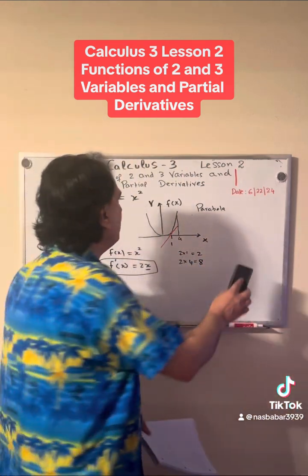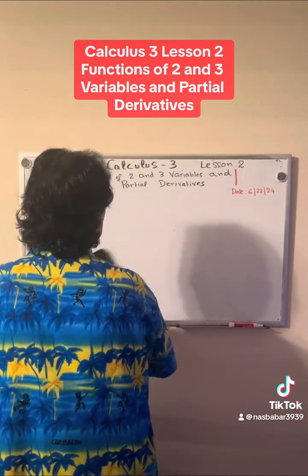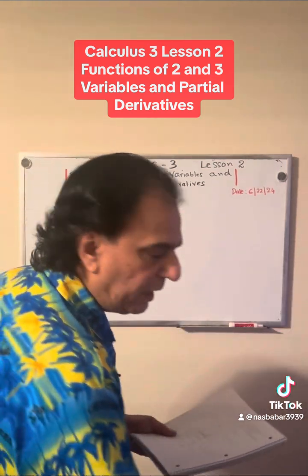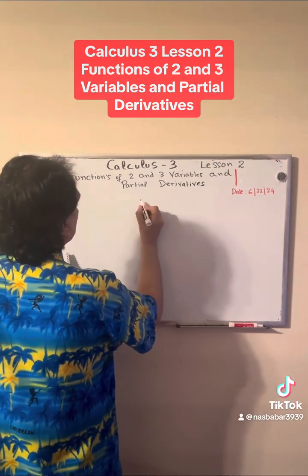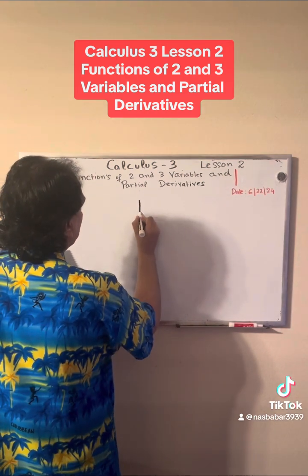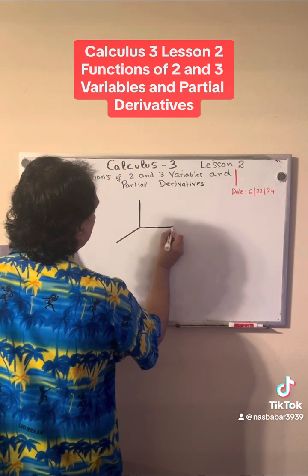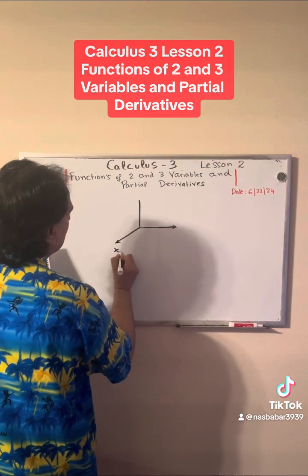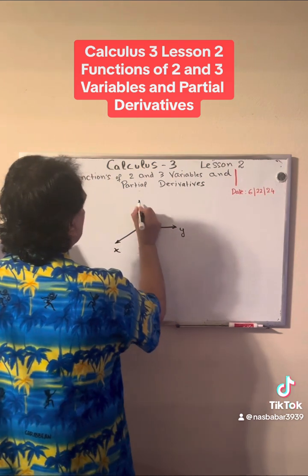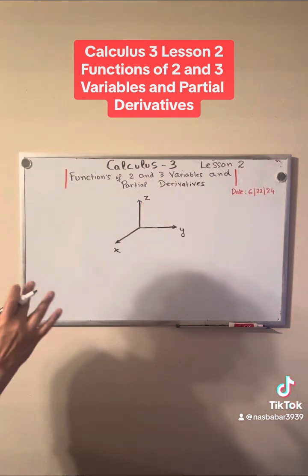In this particular case, let me draw a graph. Imagine three dimensions. In this way, this is my x, this is my y, and this is my z. This is three dimensions.